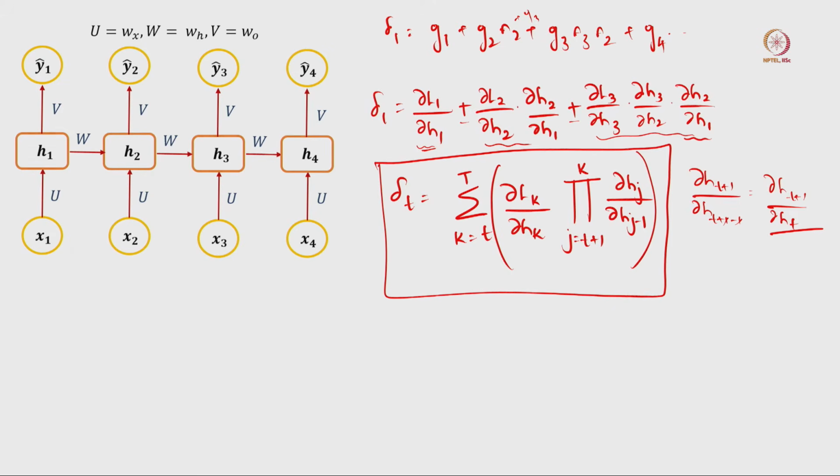When you have multiple such products, this is where you have your vanishing and exploding problem. You can ask how come vanishing problem, why is it not we have used a tan h here. So, when you take a derivative of a tan h, the value is very small. And where is exploding problem?